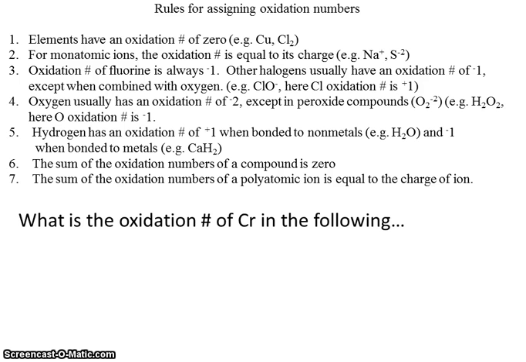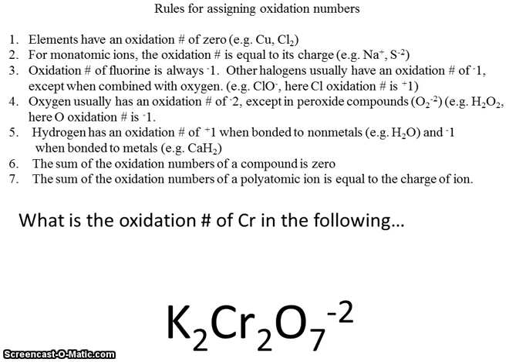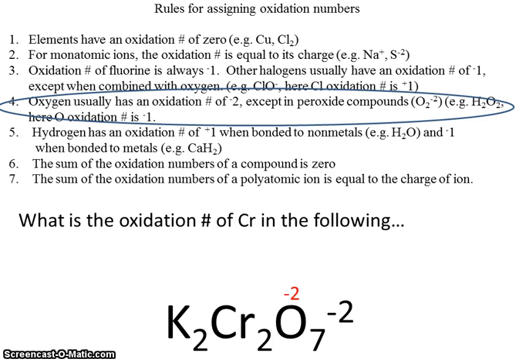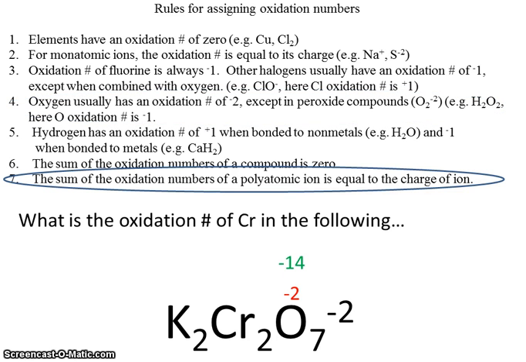What is the oxidation number of chromium in the following? Well, once again, we know oxygen is -2. We have 7 oxygens, so that's -14. And we know that the sum has to equal -2. Now, chromium is a transition metal, so we rarely even know what the charge of that is.